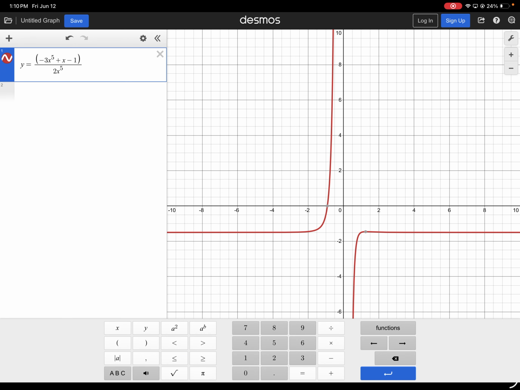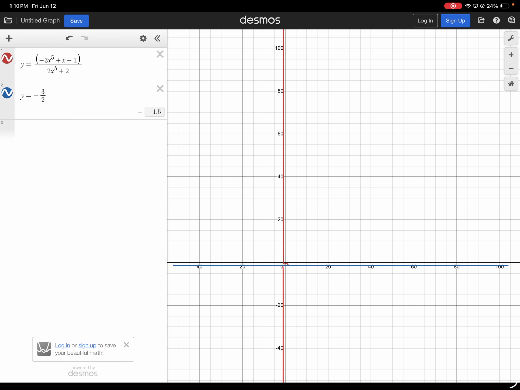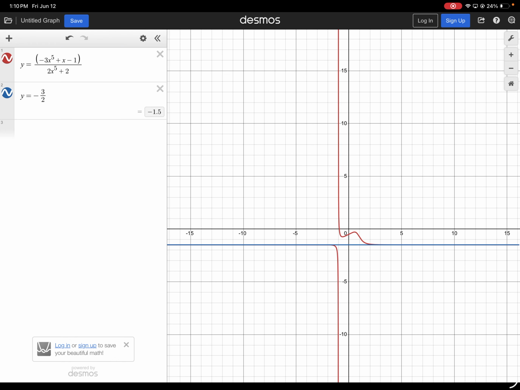As we zoom out, it's almost like they look like parallel lines, okay? So y equals 3x gives us kind of a blurry picture of what the end behavior is. It helps us have some understanding.